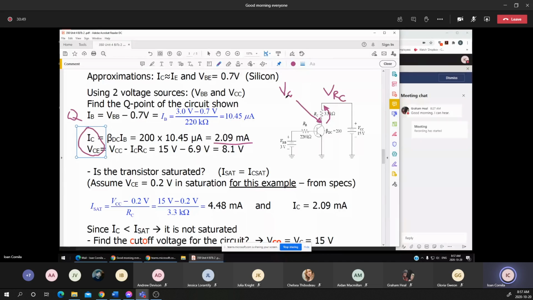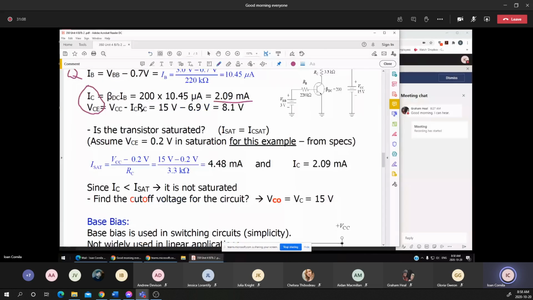It's 15 minus ICRC, which is the VRC. It means that we are subtracting from the supplied voltage, and the VCE is 8.1.